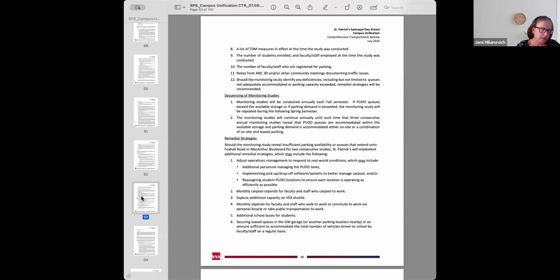I guess I'm trying to protect the community in a way that is also not too onerous for St. Patrick's. But if it gets to the point where you need to be busing more, this was another question we had. If people from Maryland and Virginia are offered a bus, is that an extra fee for them? Or could it be that you have to provide busing if we go over the trips?